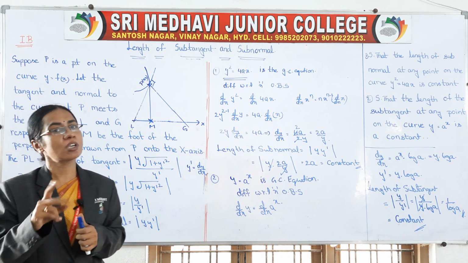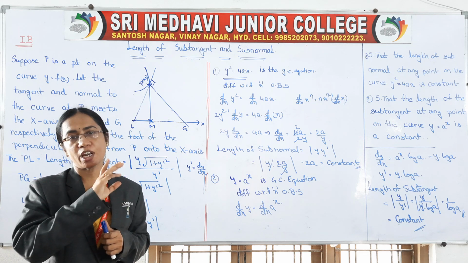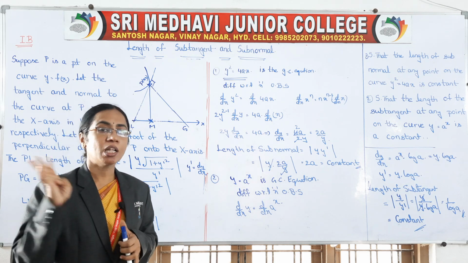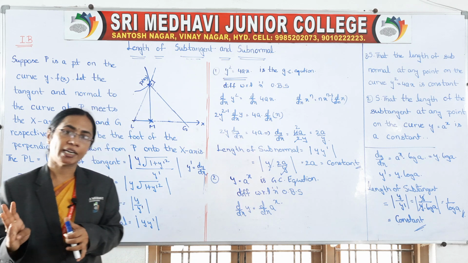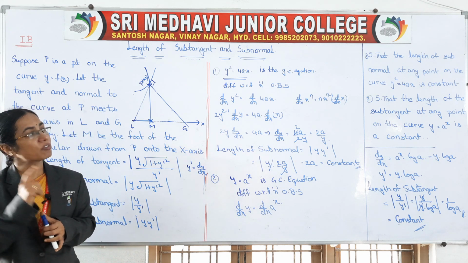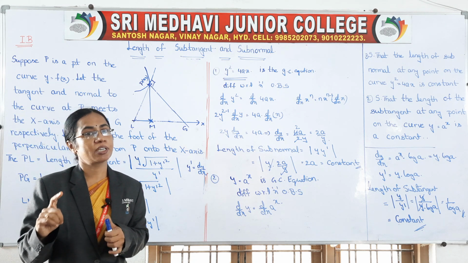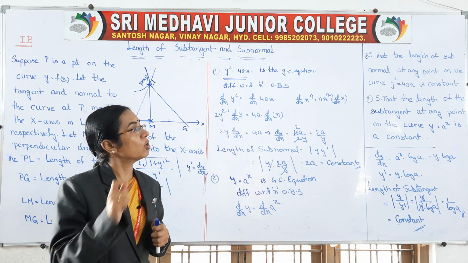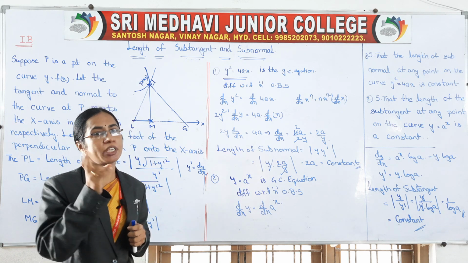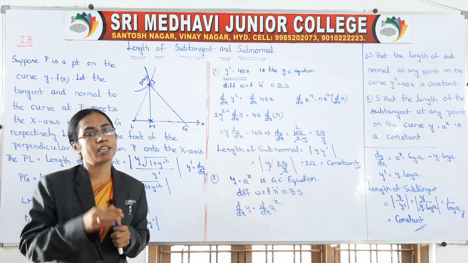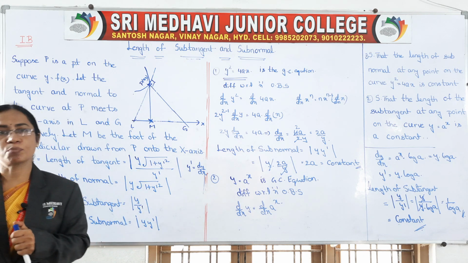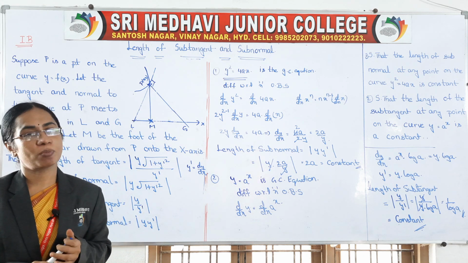If only 2 are asked or only 1 is asked, either length of the subtangent or subnormal, then it belongs to a 4 marks question.